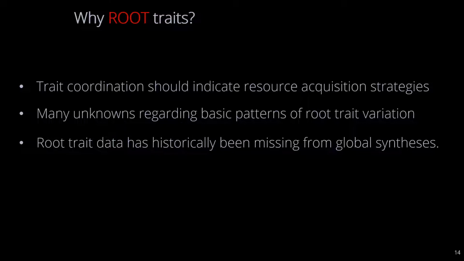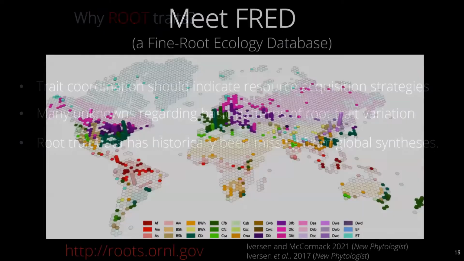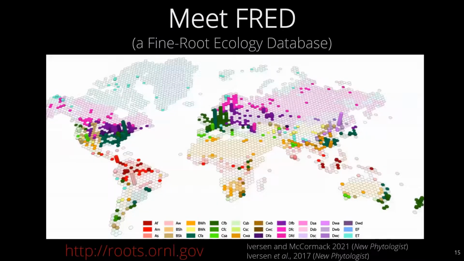So in conversations with some of the folks who run TRY, myself and my collaborator, Colleen Iversen, a few years ago, tried to put a lot of effort to actually pull root trait data together to say, hey, is there enough out there for us to start doing some of these global analyses to pick up root traits and at least get them more on par with our understanding of leaf traits? So we did that by forming the Fine Root Ecology Database, which is horribly named or wonderfully named FRED, depending on how you feel about it.